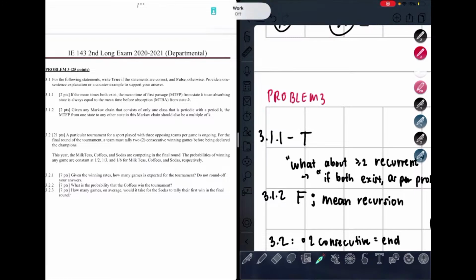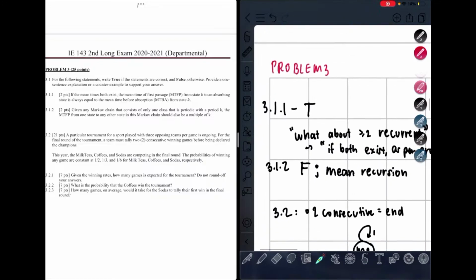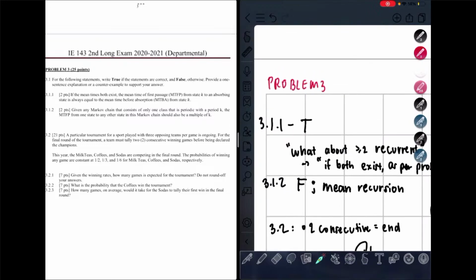So this is essentially just mean time before absorption, right? Because the tournament ends when somebody wins twice, meaning the end condition is a 2-win streak. If somebody wins twice, the tournament ends and nothing else happens. So that's your absorbing states.